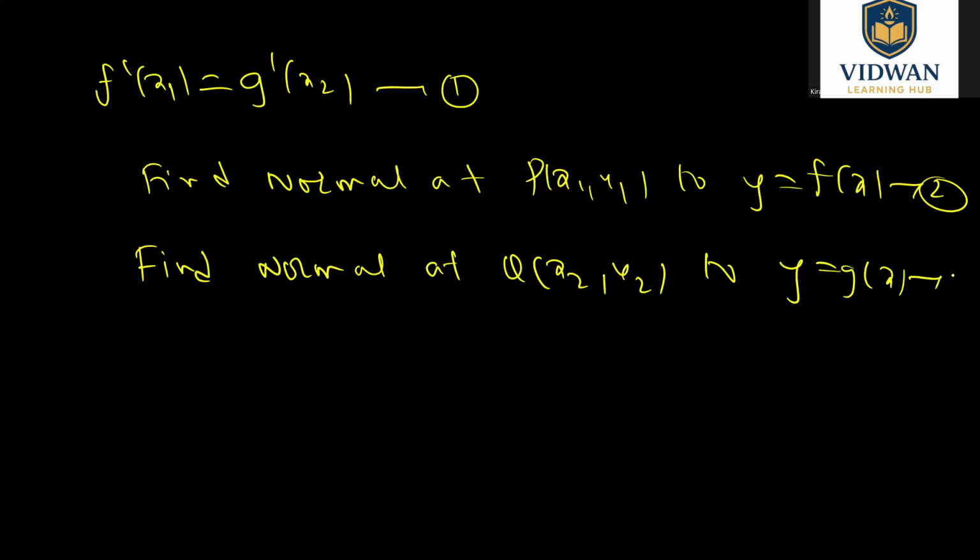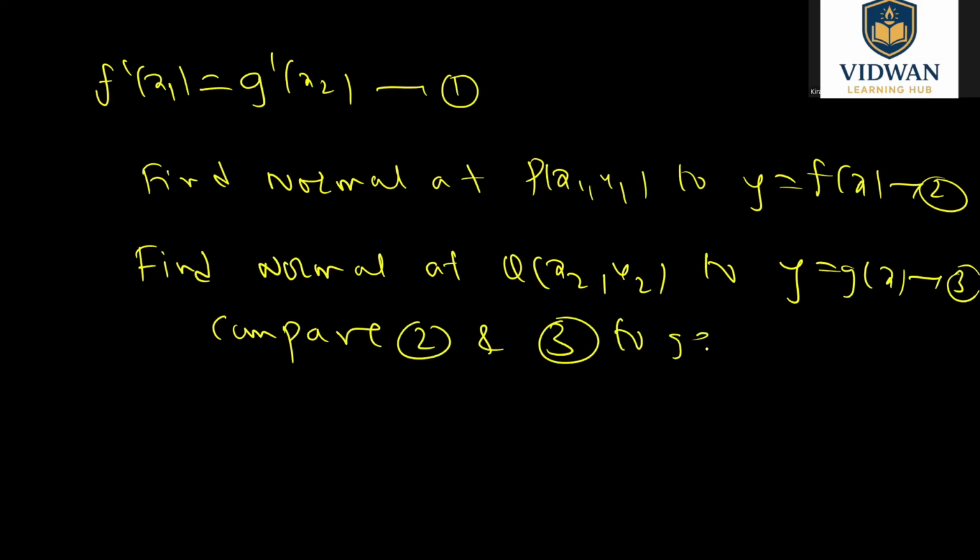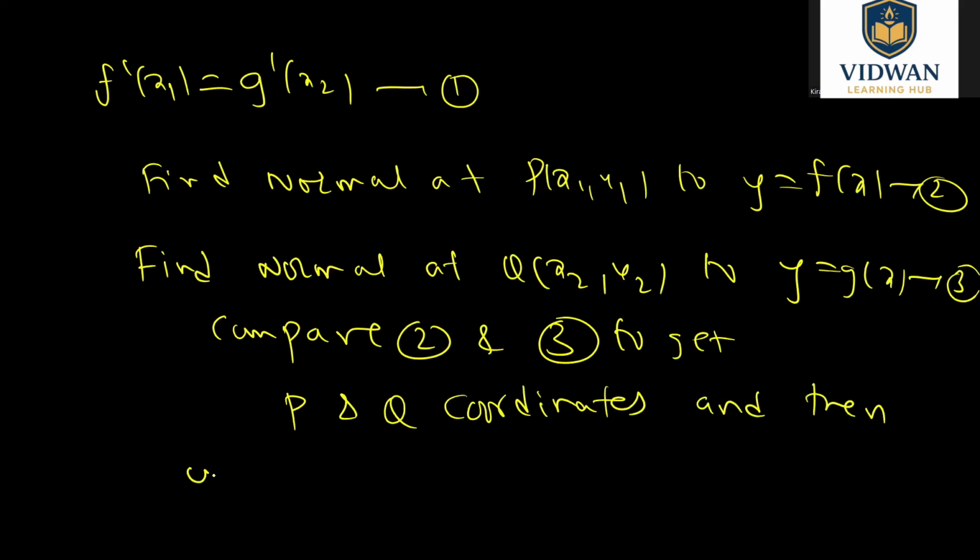And these two represent the same line. So compare 2 and 3 to get the P and Q coordinates, and then use the distance formula. But this is the general method. Otherwise, if it's a parabola, you can do it in a much easier way.